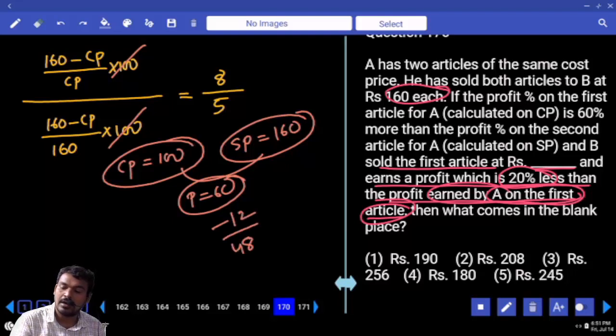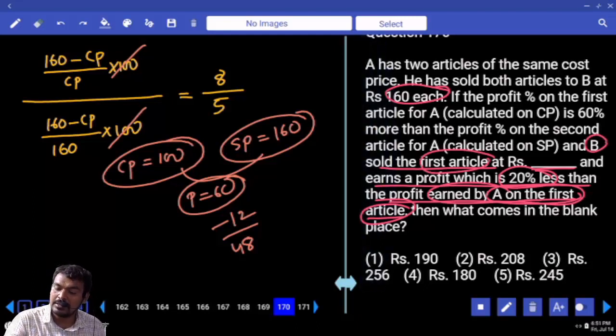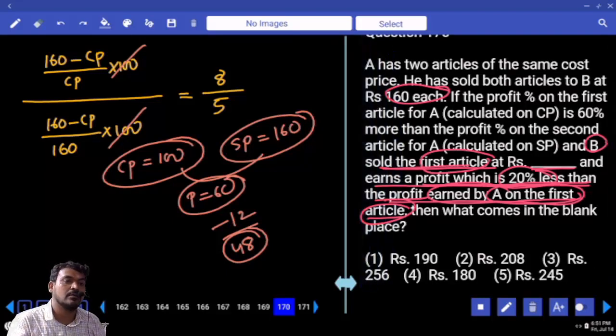That is the profit on article B, who sold the first article at dash rupees and earns a profit which is 20% less than the profit earned on the first article. What is the first article profit? 60. Compared to that one, 20% less means what is the new profit? 48. But is the selling price value required or the cost price value? Selling price.